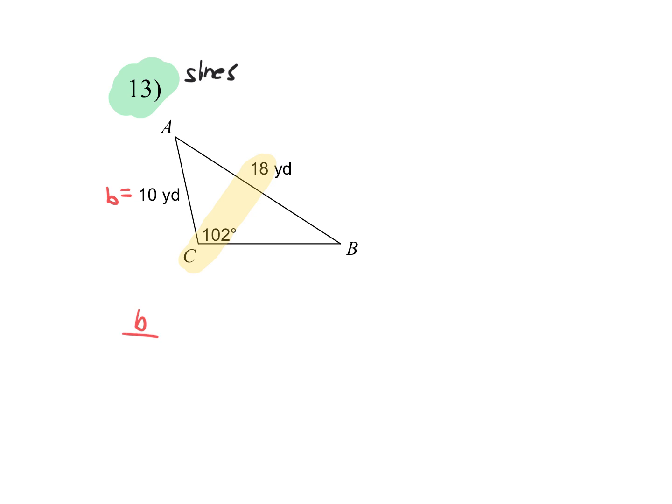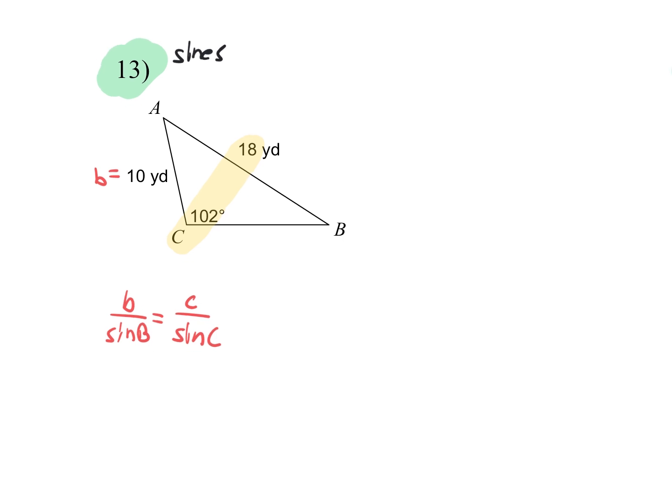So we're going to do B over sine of B equals C over sine C. All right, so plug in and we get 10 over sine of B. We don't know what angle B is. Equals 18 over sine of angle C, so sine of 108.